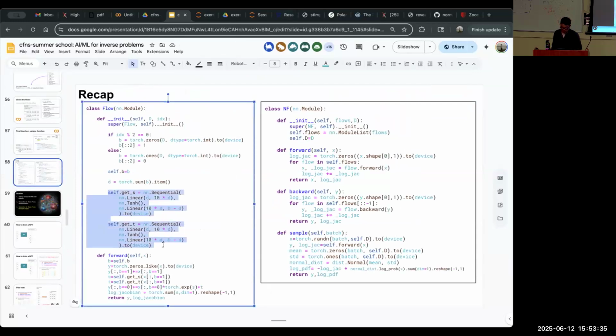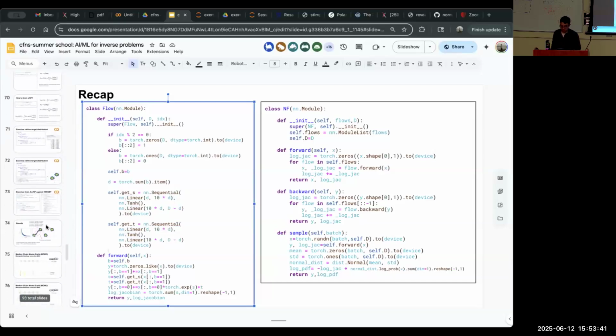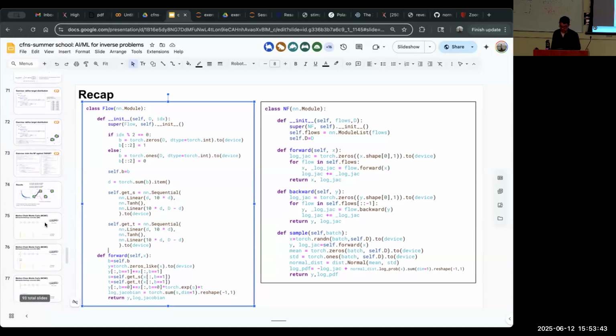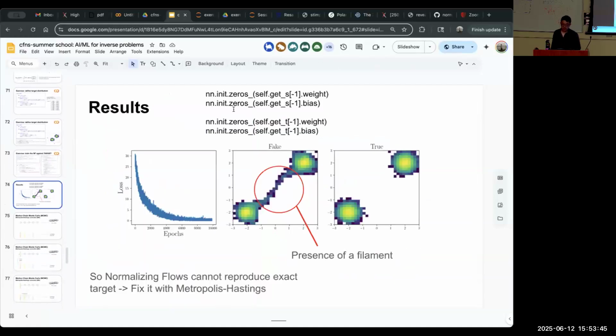Then you can put those lines that I just said. What it's doing is telling Torch: set the weights of the last layer and the biases of the last layer to 0.